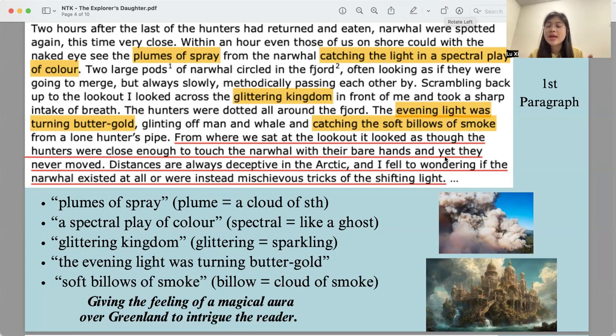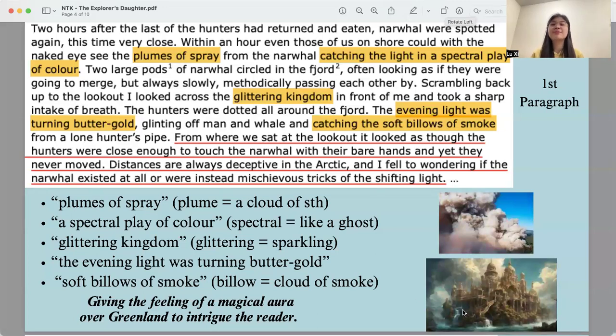"And yet they never moved." The writer keeps going back and forth in describing this scene, as if it's trying to reach out to something, but then it's as if it never moved. Just picture what it's like in this glittering kingdom.